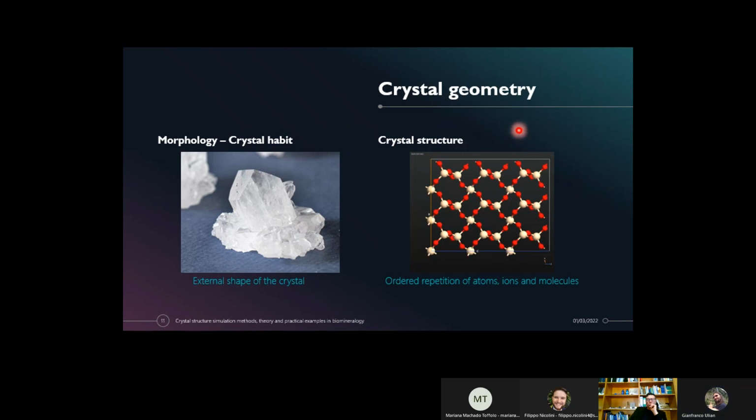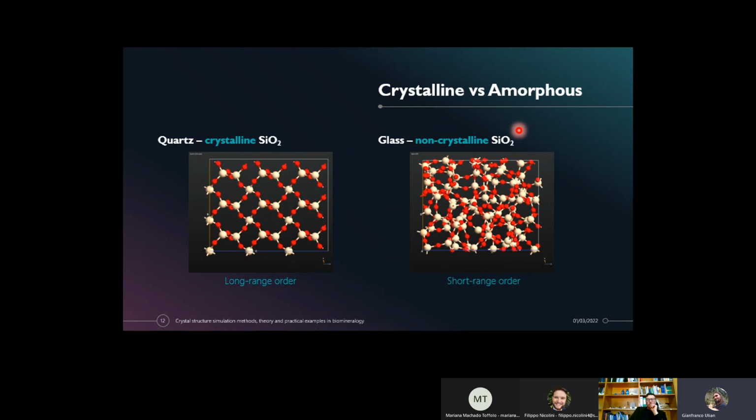In fact, you can distinguish between crystalline and amorphous material, taking, for example, silica. Silica is SiO2, okay, silicon oxide. It can be crystalline at room temperature and atmospheric pressure. The stable phase is quartz. You can see here the crystal structure, where we can describe a long-range order of the atoms.